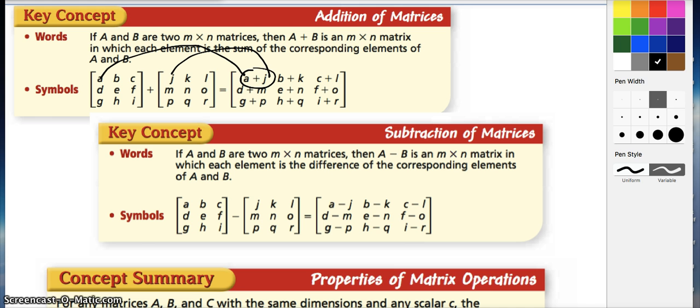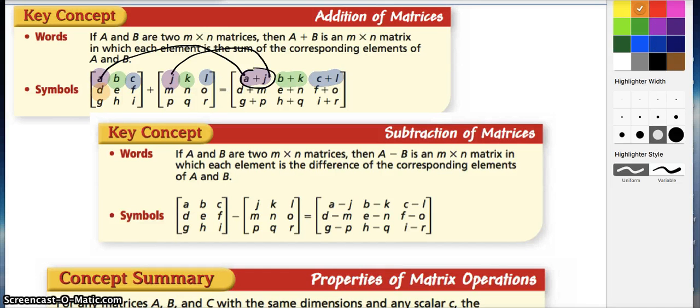So what we're observing is that you need to bring the elements in the same location together to be added together, and then their sum will be put in the same location in the sum matrix. That was a whole lot. But I think the picture probably is a better explanation of what I'm trying to say, right?